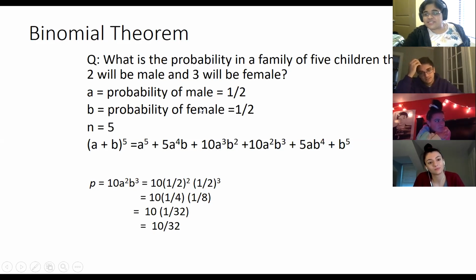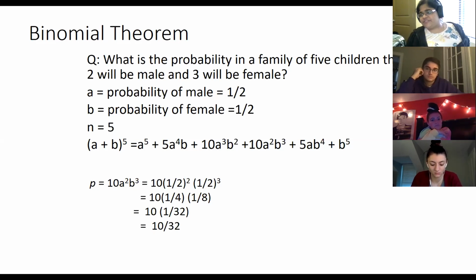But essentially, these are the steps you would take. Again, this is only applicable if there are only 2 alternative outcomes. So it would be a question like, what is the probability of having this many males and this many females?